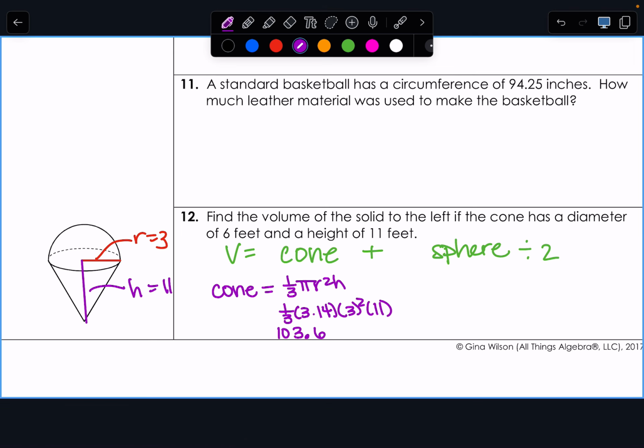Okay. Now we have a sphere we need to cut in half. So let's just talk about the full sphere. If I wanted the full sphere, then it would be 4/3 pi r cubed. So we're going to take 4/3, 3.14, and 3 cubed. So go ahead and put in your calculator what we would get for the full sphere.